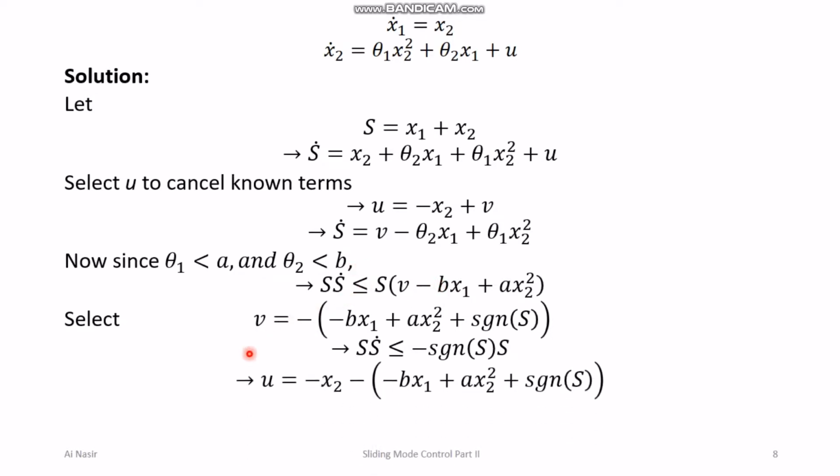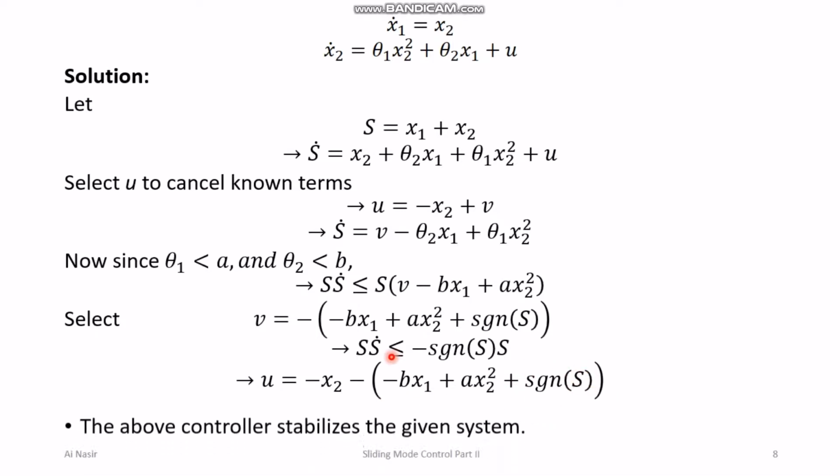And so then u will be minus x2 minus bx1 minus ax2 square plus 1, and these whole three terms will be multiplied with the sine of s.